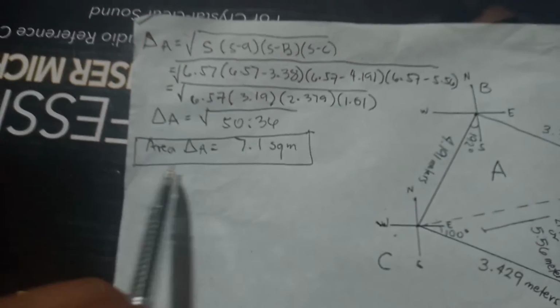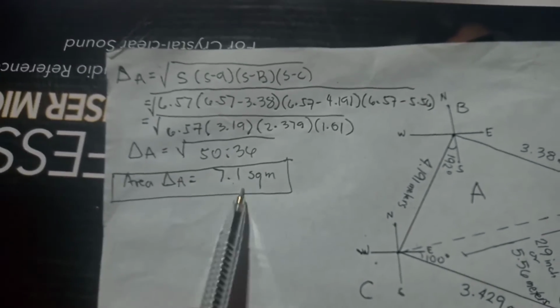So triangle A will now have the area of 7.1 square meters.